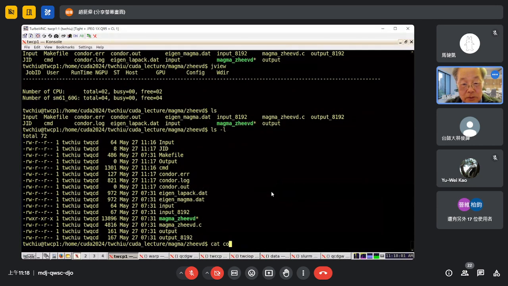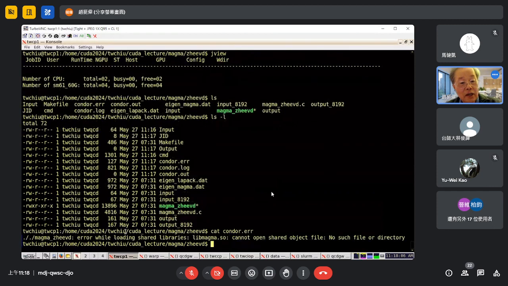You see, error while loading the shared library. That means this library cannot open this shared object file, so the library has not been completely built yet. And this is the old library, which will not work with this new version of CUDA.